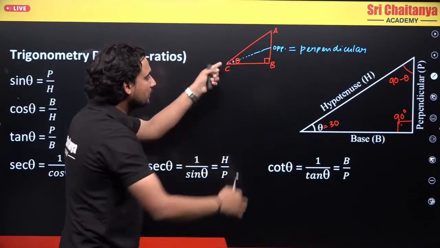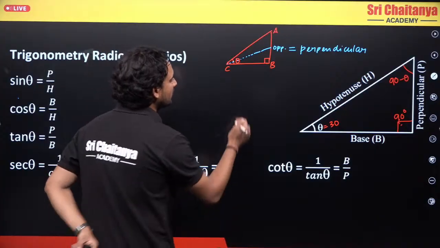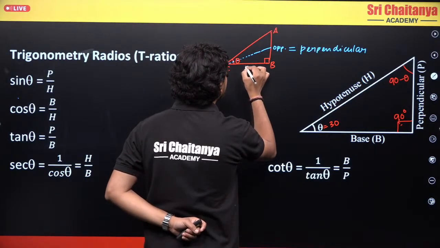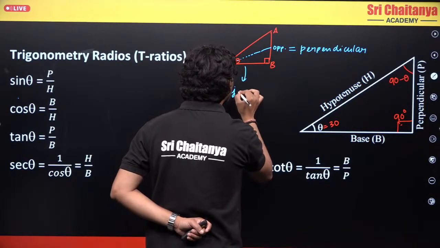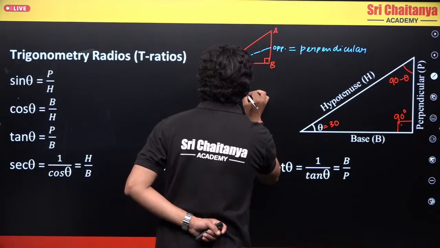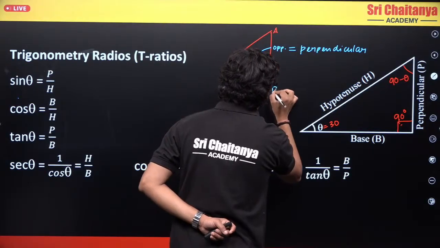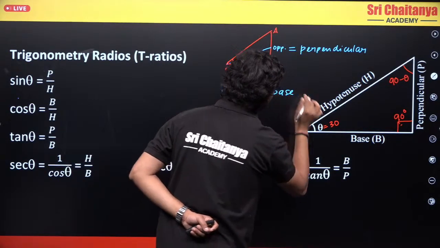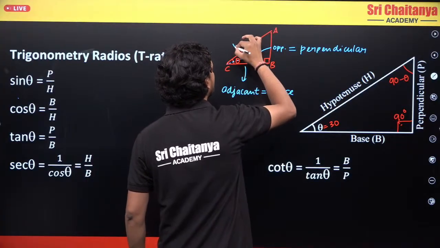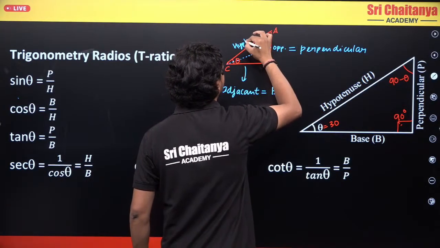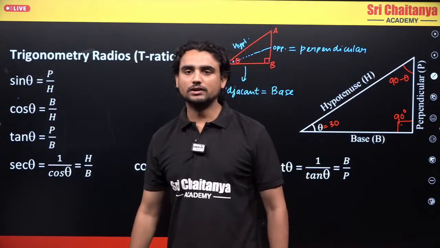This side CB is near the angle theta, that is why it is known as adjacent, or I can say base. And lastly, the longest side is known as the hypotenuse of the triangle.